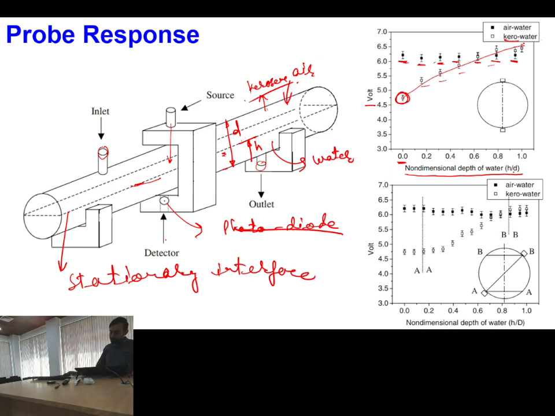Then again, the sensor has been placed in a vertical orientation, from top to down. Then the sensor is placed in an inclined orientation, and in this case the light ray will be passing something like this.